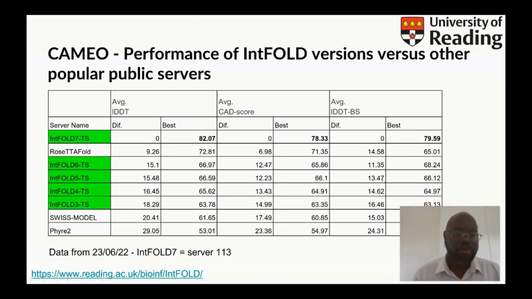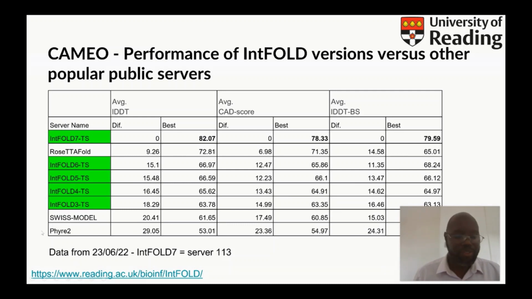In this table, the performance of IntFOLD 7 is compared with the previous versions and other popular publicly available servers such as RoseTTAFold, Swiss-Model, and Fire2. The comparison was done on common subsets of 3 months' worth of CAMEO data.